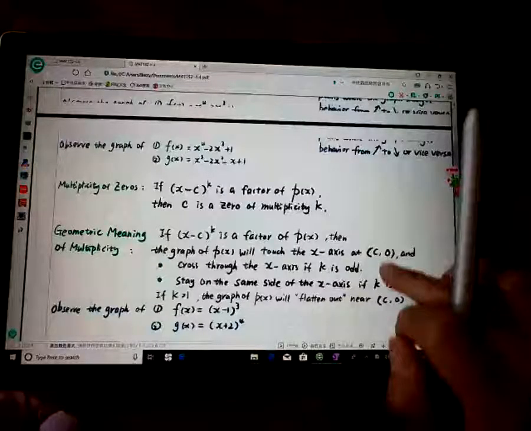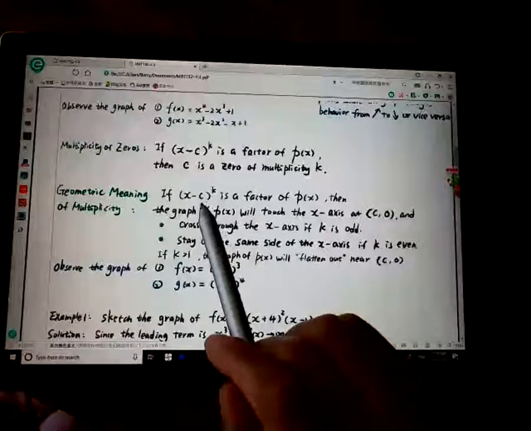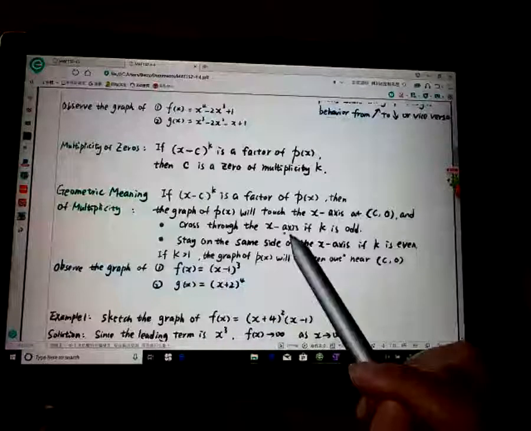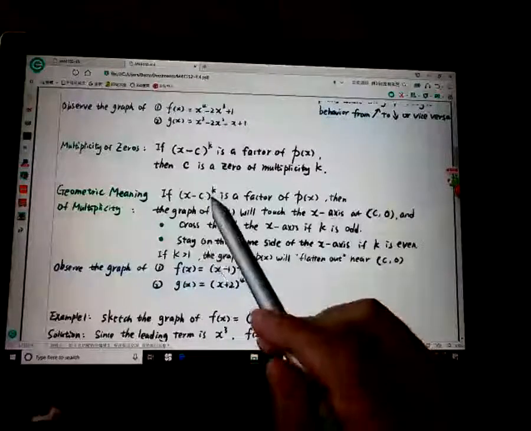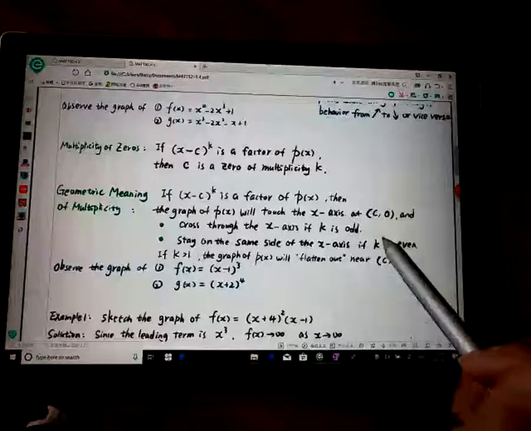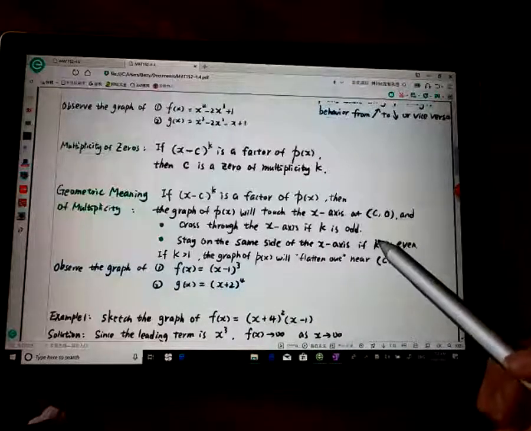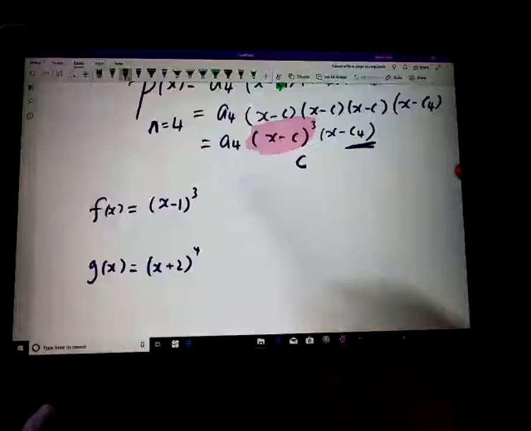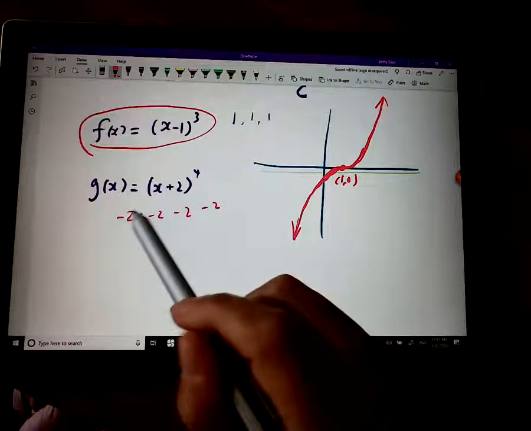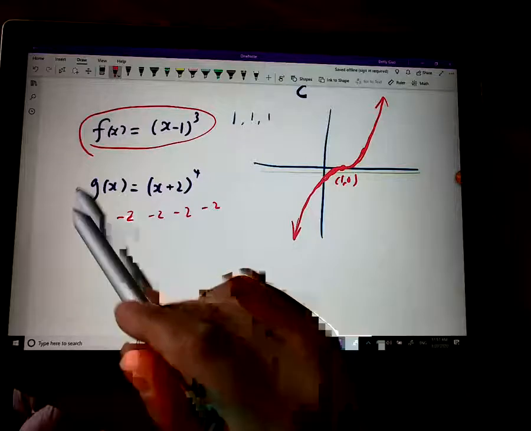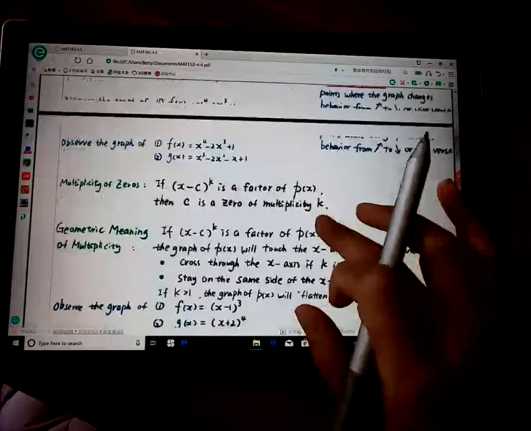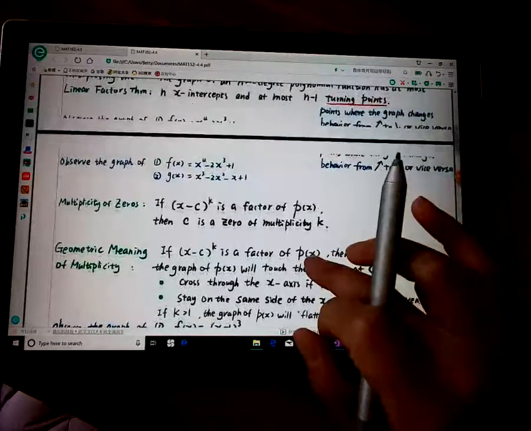Let's say we have a 0, then the graph of the polynomial function would cross. In the second case, we don't consider 0. We know 0 is also even, but we don't consider 0 here. So negative 2 is a zero of the polynomial function with multiplicity. Basically, those are the theorems we have seen.